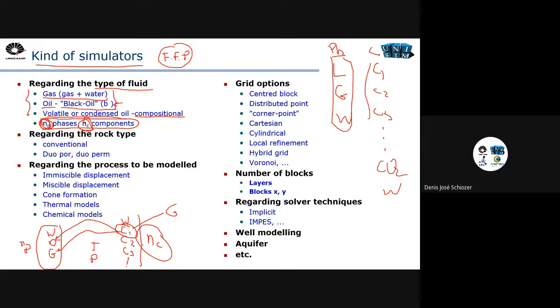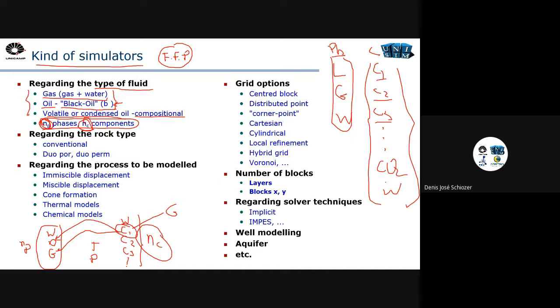So if you go into a laboratory, we can run some experiments to know how much of C1 we have, how much of C2 we have, C3, and so on, CO2 and water. We can take a sample of the petroleum we have in the reservoir, go into the labs and see how much water we have, how much CO2 we have, how much of each hydrocarbon component we have, okay?